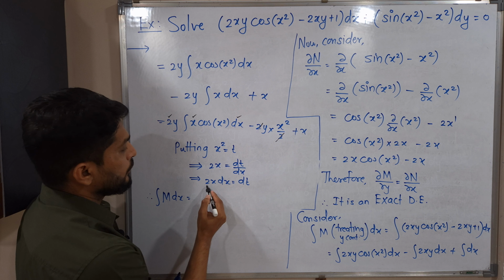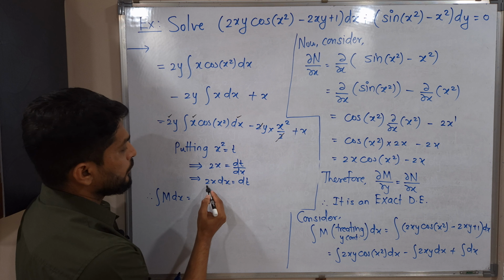The integration of y, y is still there, cos x square. x square is t, so we will have cos t, and 2x dx is replaced by dt, minus y square, x square y plus x. Do you remember the formula of integration of cos t? Integration of cos t is sin t.